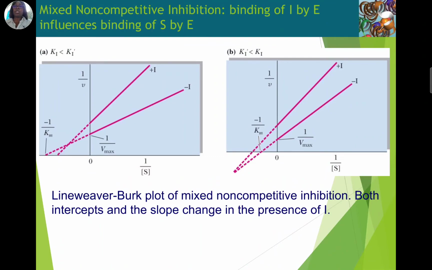And you can pause and study these slides, which illustrate what's happening in mixed non-competitive, where binding of the inhibitor by the enzyme influences the binding of the substrate. In other words, if I as an inhibitor take up space on the enzyme, I'm going to say to the substrate, well, hey, I'm already here. Where are you looking? Why are you trying to come?